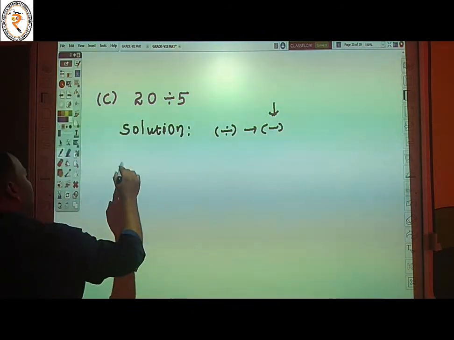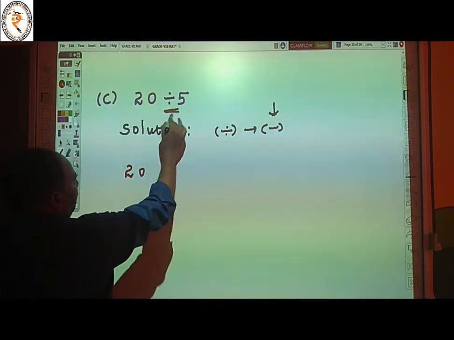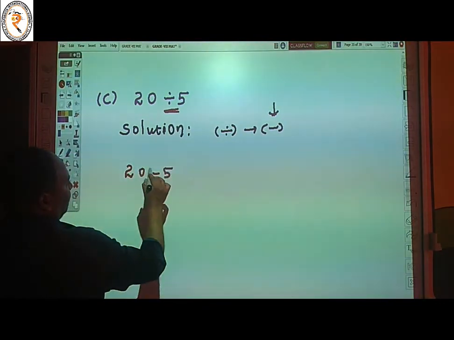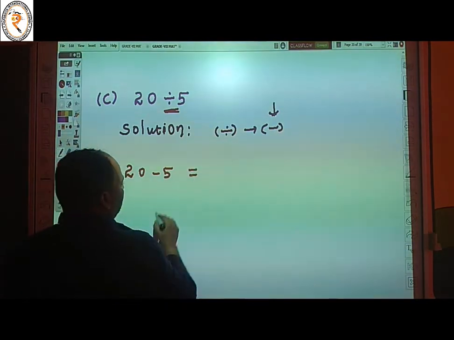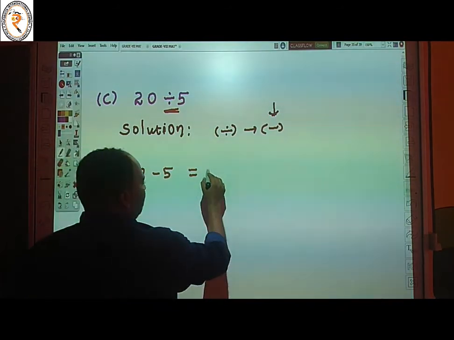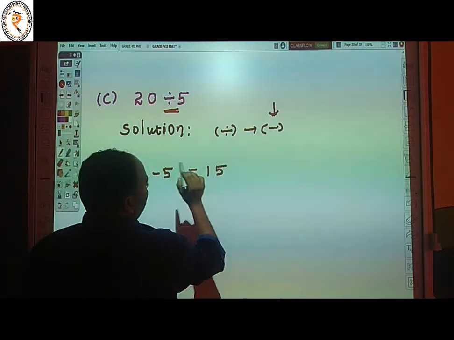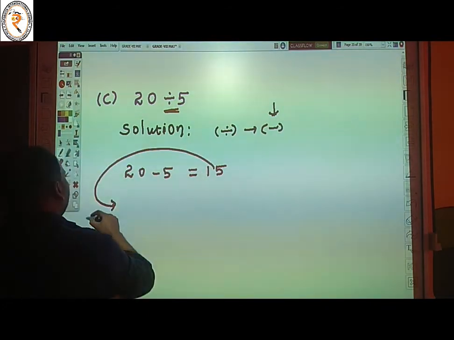So first one is 20 minus 5. 20 minus 5 is equal to 15. So our answer is 15.